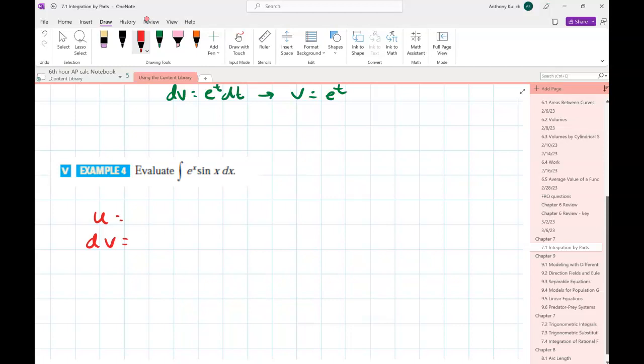What do you want to pick for u on this one? I don't think it really matters, right? Either one of them don't really get simpler if you differentiate, correct? I think my instinct would tell me that I would do e to the x here and sine x dx here, but I don't think it would matter. I think you'd end up getting the same answer either way.